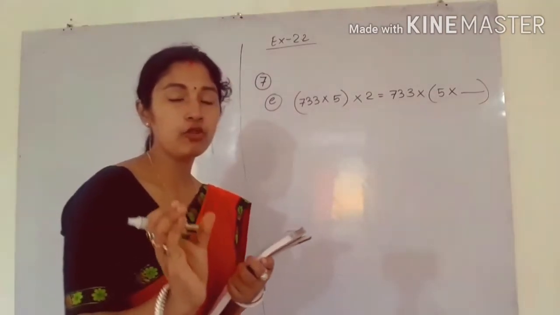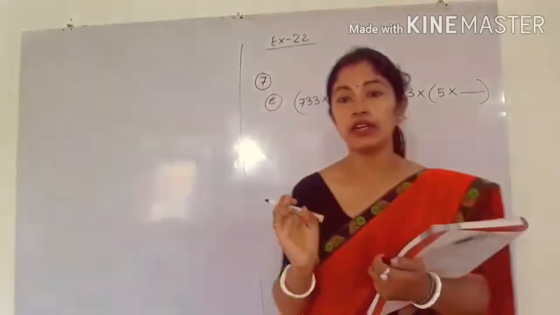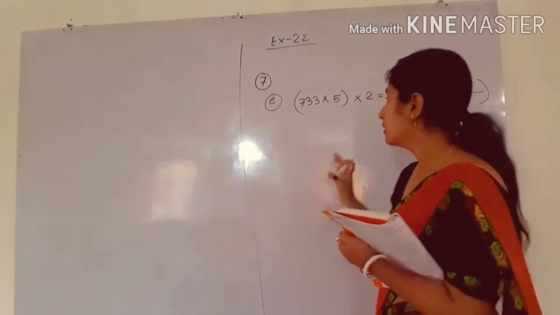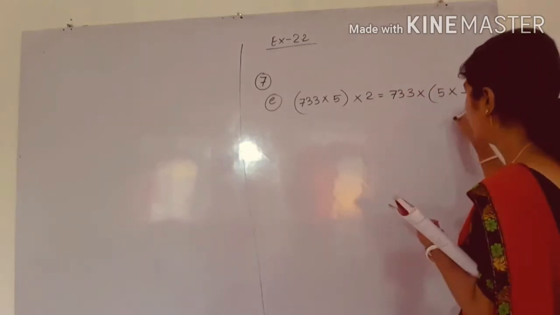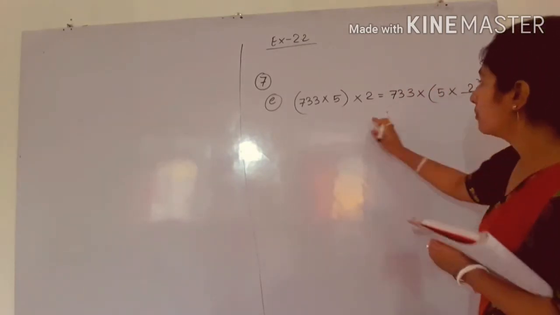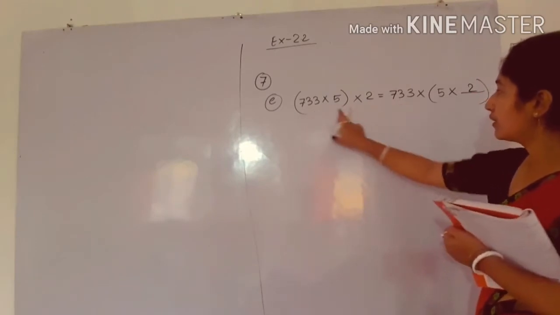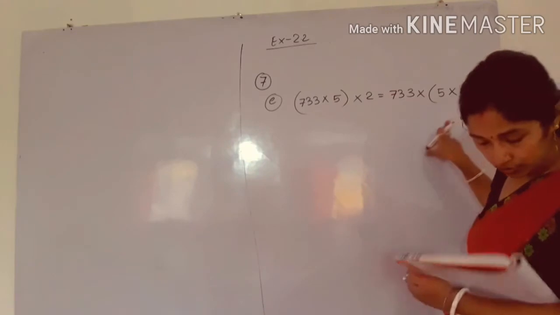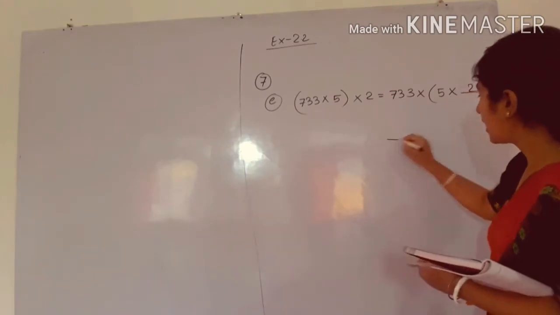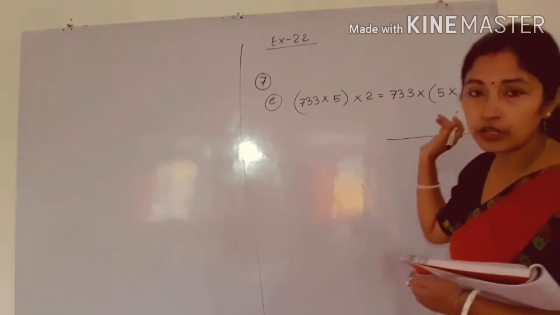As you see, we have two terms inside the bracket, so this is the associative property. Here you have to write 2, because 733 is already written and 5 is also written, so 2 is the remaining number. In the other blank space, you have to write the associative property.